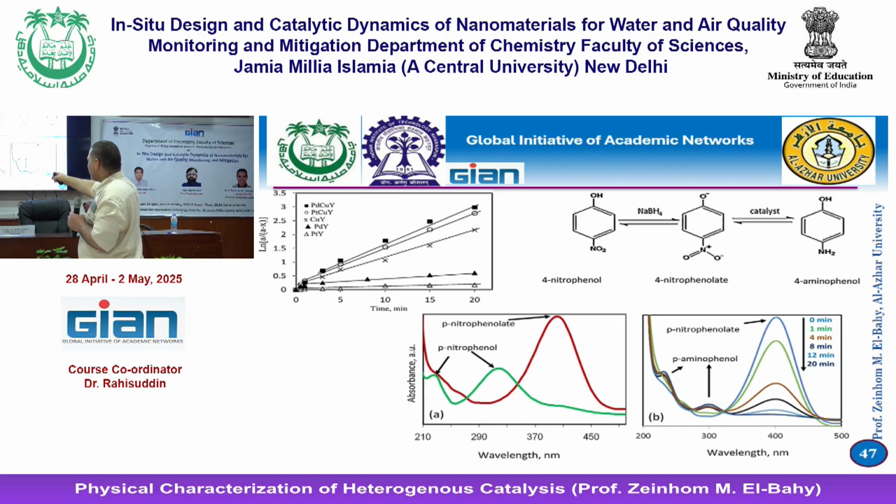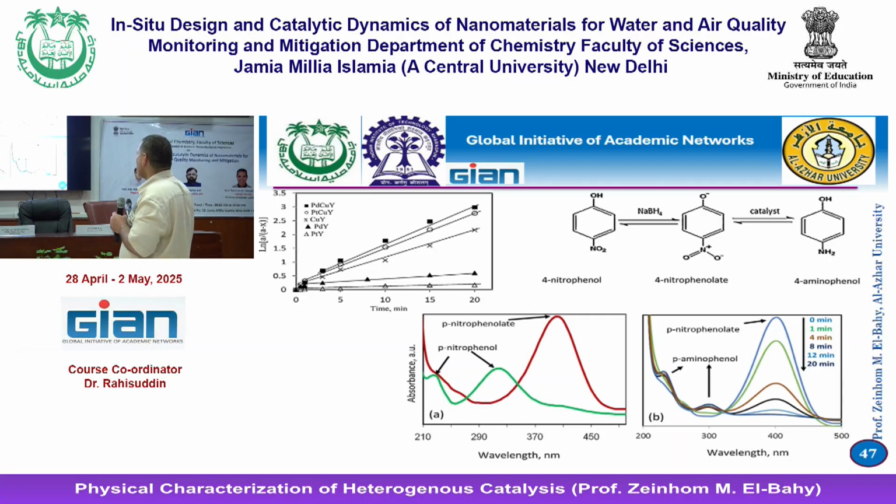This peak is maybe 300 something, and for para-nitrophenol, the peak is maybe 390. And this is the decrease of concentration by time.